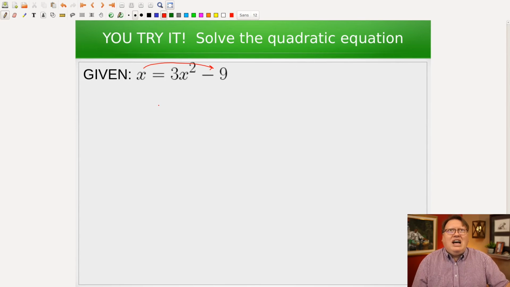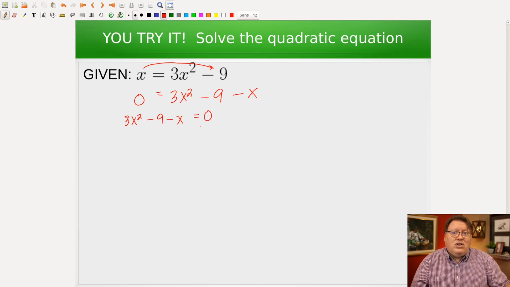That gives me a 0 on the left-hand side, and I get 3x squared minus 9 minus x, because that positive x becomes a negative x. Now I can just flip the left-hand side and right-hand side. It doesn't matter. So I get 3x squared minus 9 minus x is equal to 0.